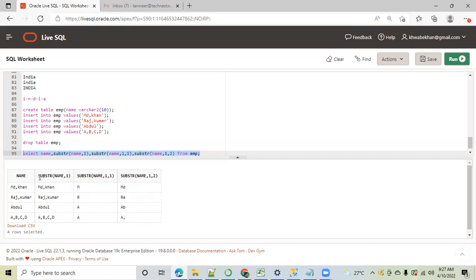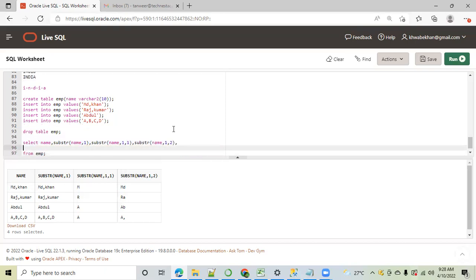Okay. Now, why for this case did I get all the values? Because we haven't mentioned how many we want, till which length you want. So by default, it will give you all the values. Okay. Hope this is clear. Any question? Yeah, clear.